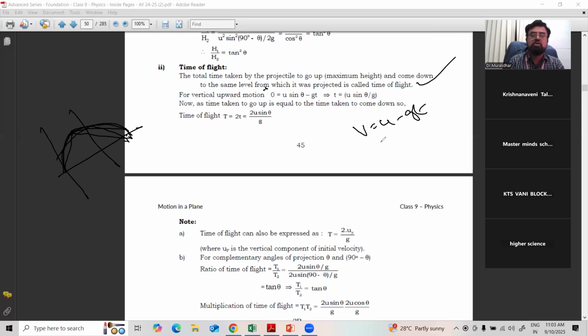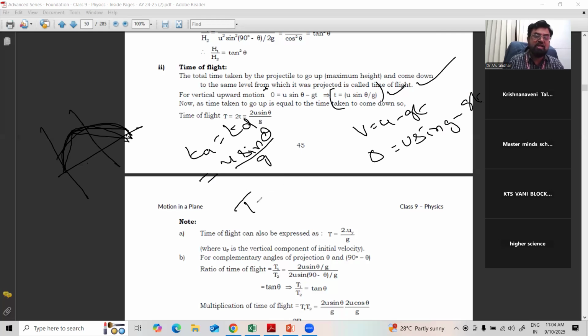V is 0, u is u sin theta minus gt, from where you can get the t value. T is equal to u sin theta by g. That is, the time to reach maximum height is u sin theta by g. And coming down is also the same. So time of ascent is always equal to time of descent, which is equal to u sin theta by g.